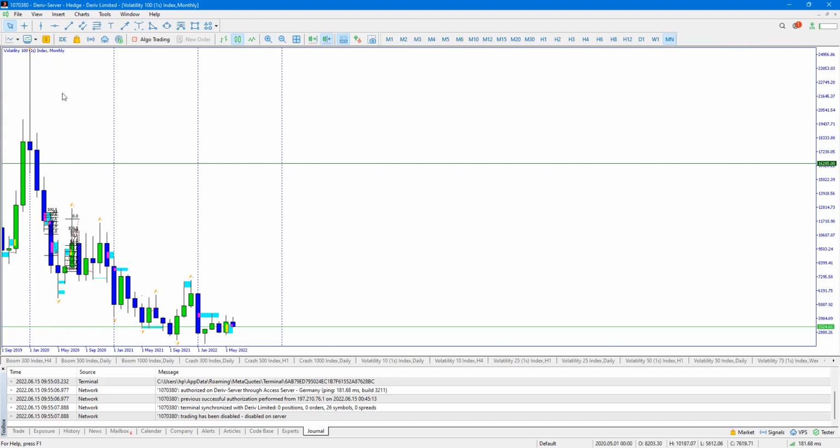So structurally, we can see that V100 1S is on a bullish trend, bearish trend. What do I mean by that? There's a low, there's a high, there's a low that broke the structure, this previous low, created another high, broke this previous low, created another high.